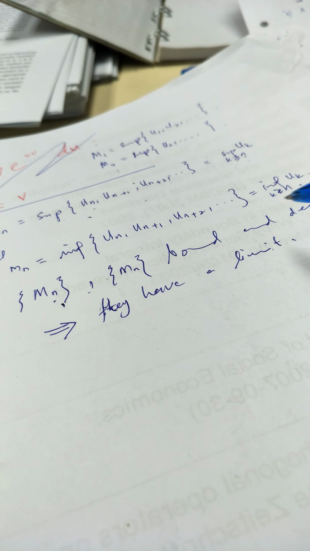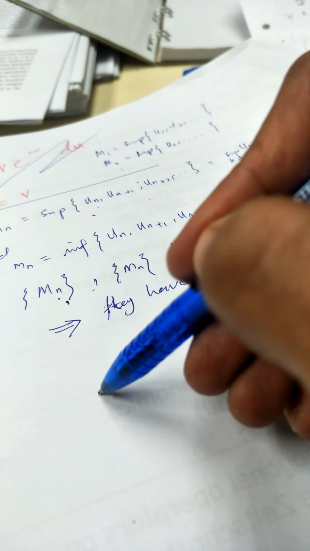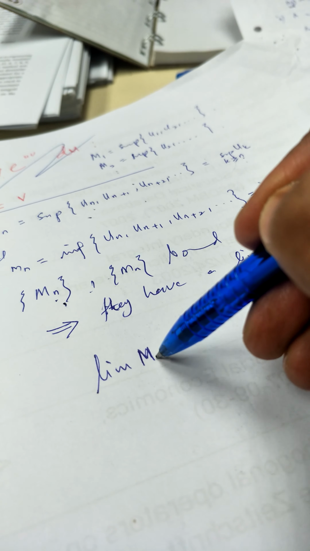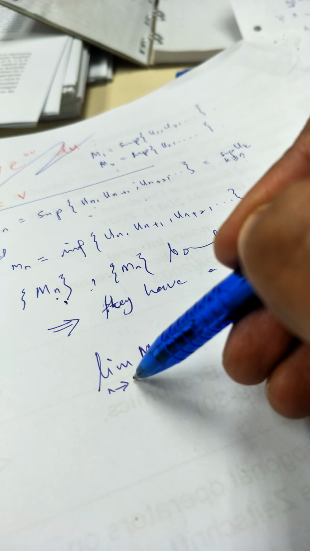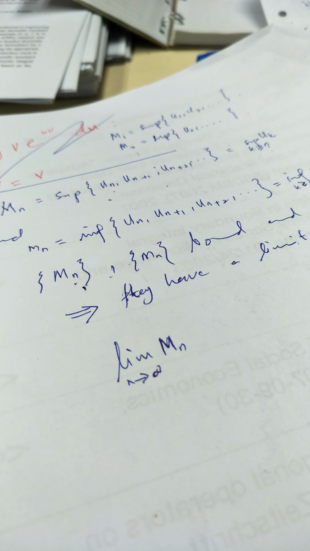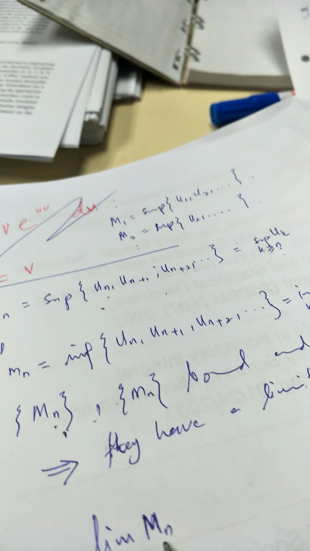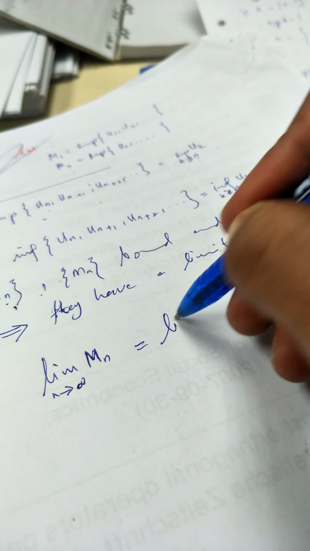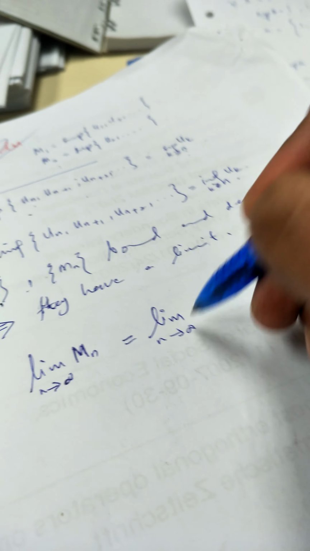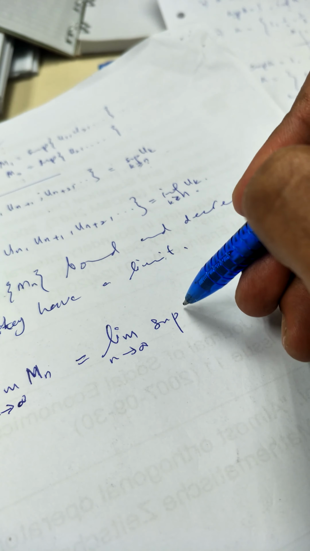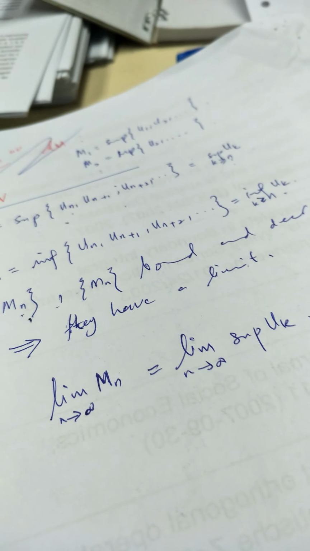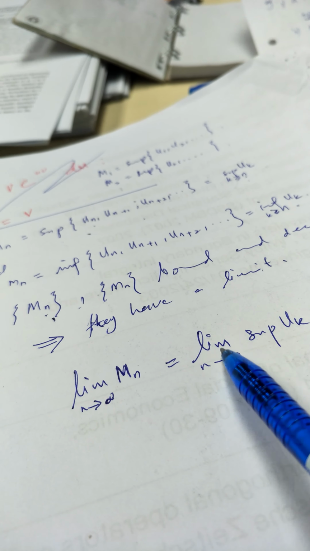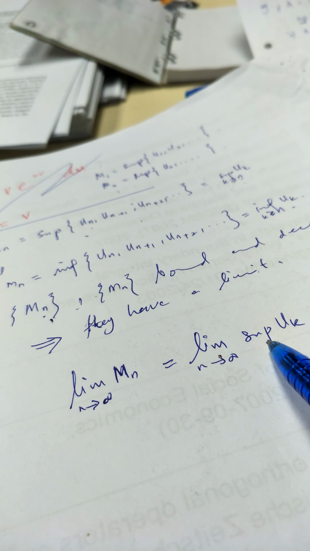So we can find the limit of capital M_n as n goes to infinity. M_n by definition is the supremum, so I can write this as the limit as n goes to infinity of the supremum of u_k. So now we come to the concept of the limit of the supremum.